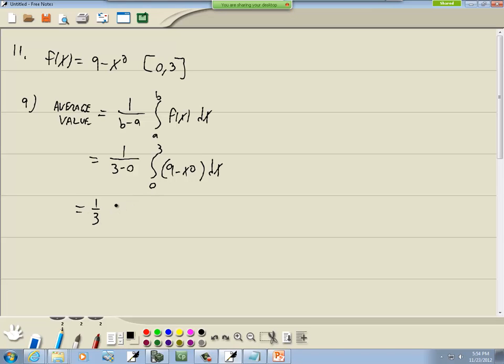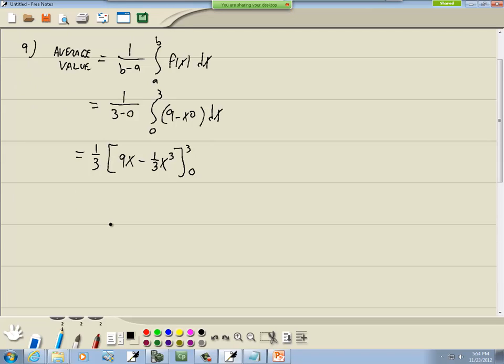So that's 1/3. And actually, I can go ahead and do this one. 9 becomes 9x minus, add 1 to your power, divide by your new power. So it becomes 1/3 x to the third, from 0 to 3. Now we're plugging in our numbers. I say number because 3 is the only one that matters.